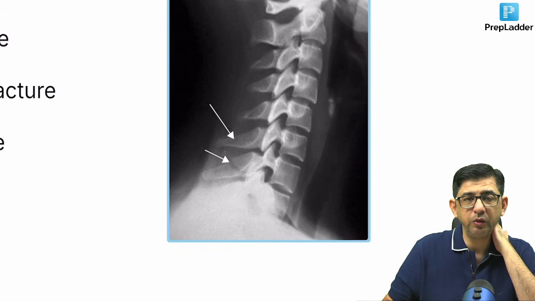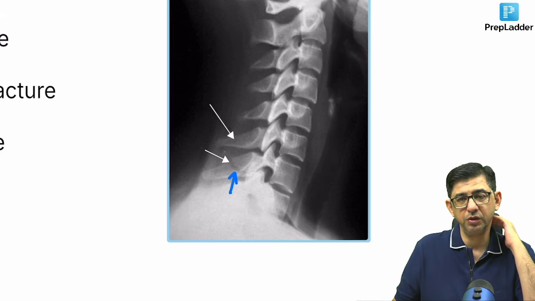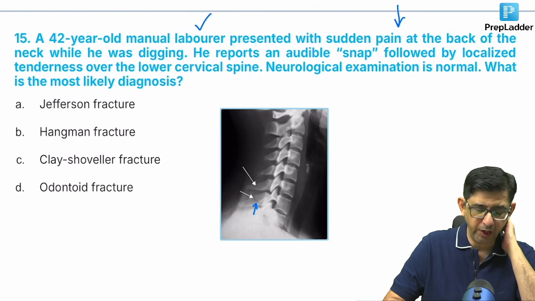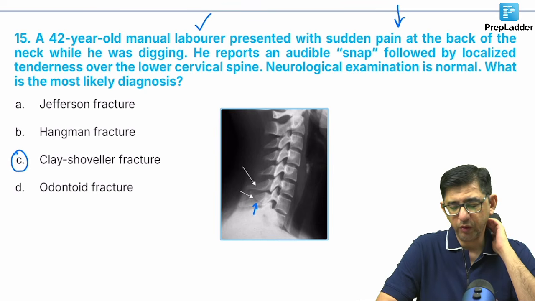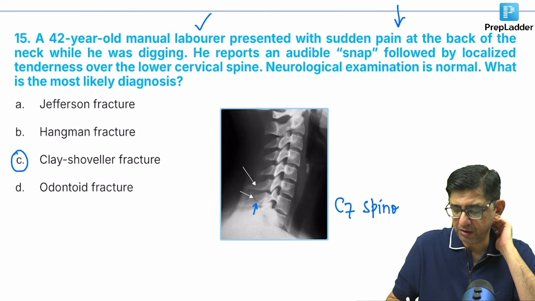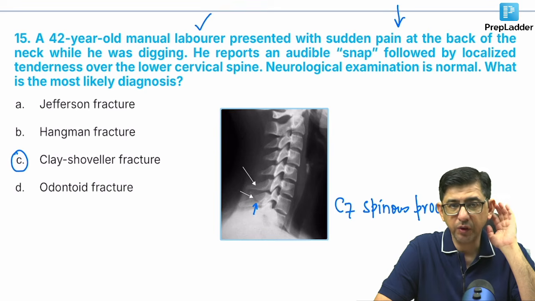Even if I zoom into the image, you can notice the fracture happening at the C7 cervical vertebra spinous process. So this is going to be called clay shoveler's fracture, as the history itself is given. Manual laborer is given, and at the C7 vertebra, at the spinous process, the injury is occurring. So the combination of the X-ray and the clinical history would help you in identifying this case.